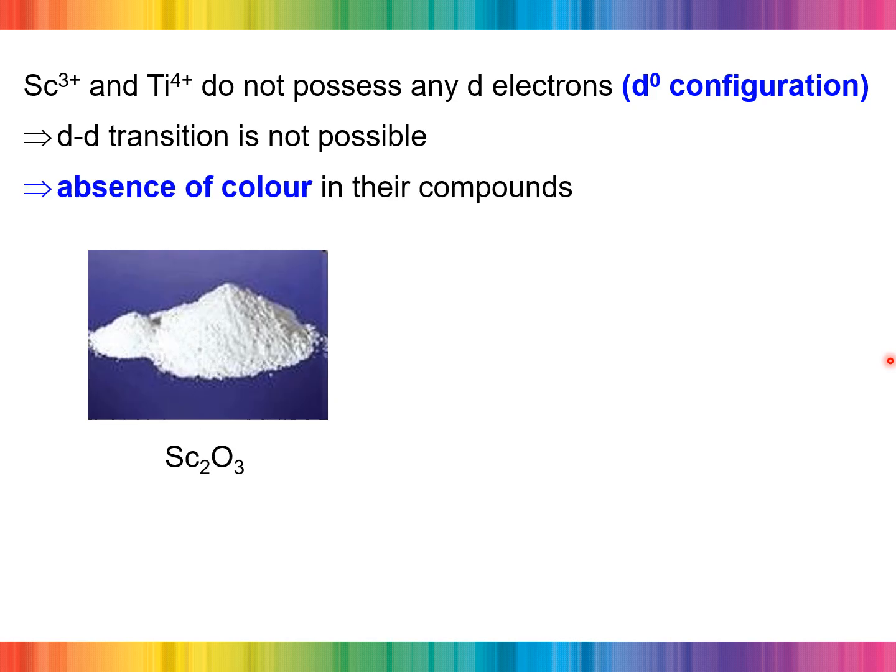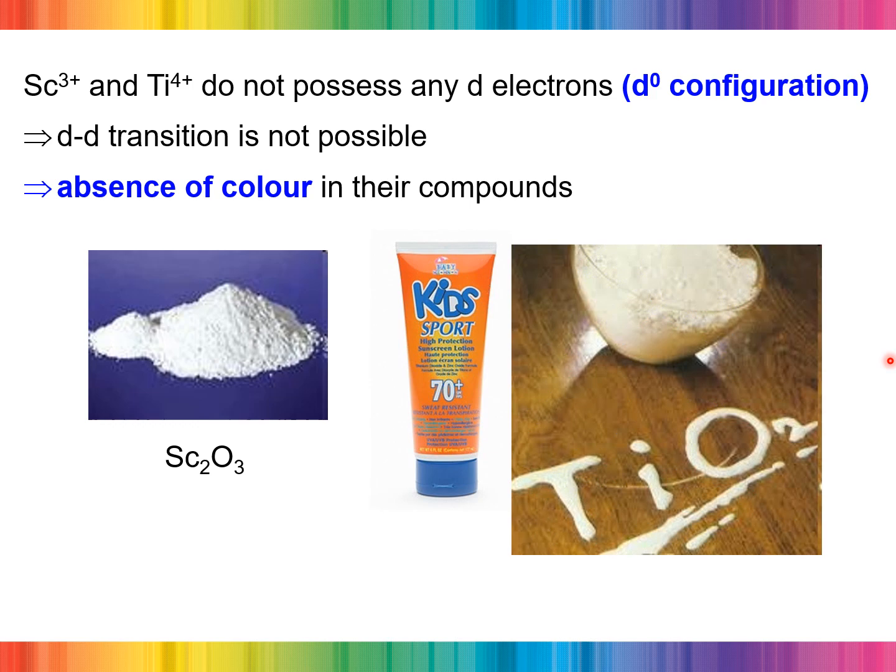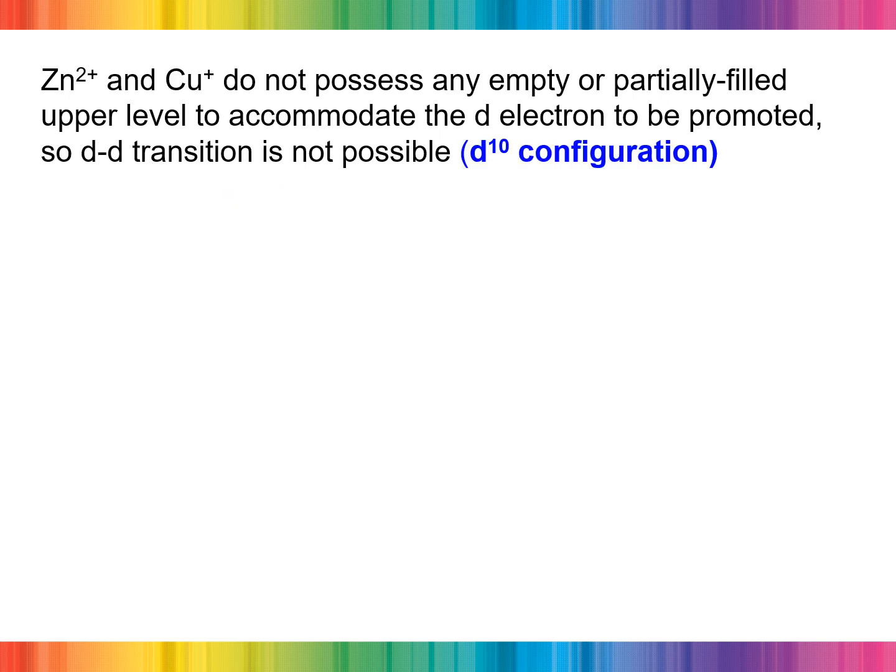So scandium oxide appears white, and titanium(IV) oxide will also appear white. This is the pigment in white paint, as mentioned earlier on, and it's also one of the ingredients in your sunscreen lotion. Next up is the other extreme, your d10 configuration, which will be your zinc 2+ and copper 1+.